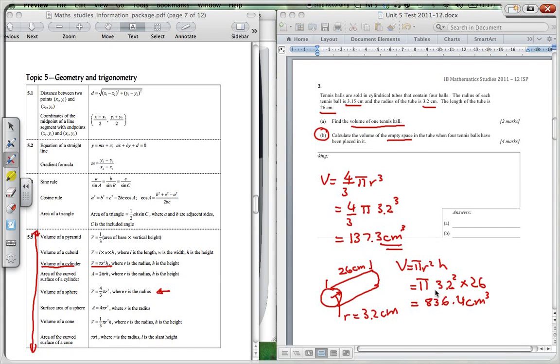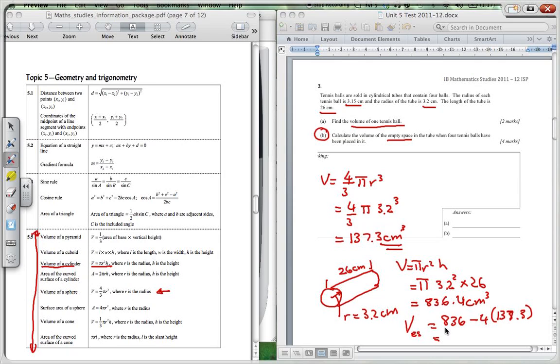So we are wanting to find the volume of the empty space, so that would obviously be the space left over from when the 4 balls are in. So the volume of this empty space, I'll call it ES, is going to equal this 836 minus 4 times this 137.3, because that's the volume of one tennis ball, and there's 4 tennis balls.